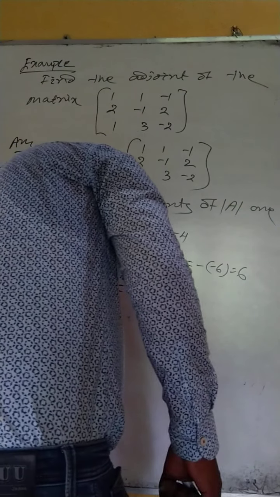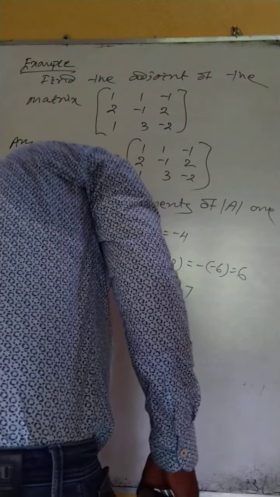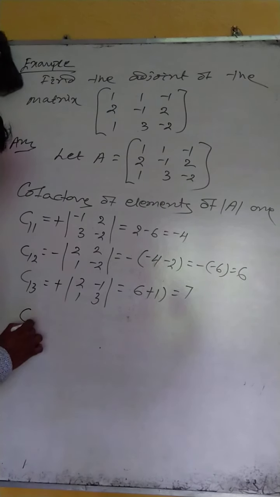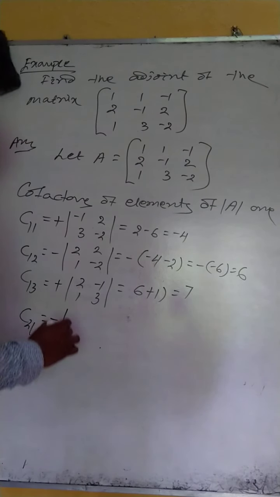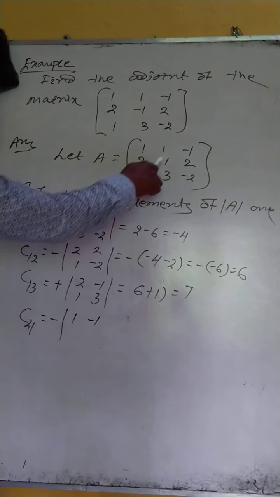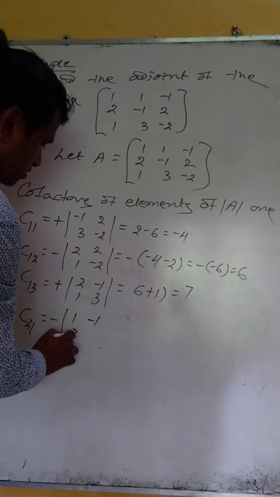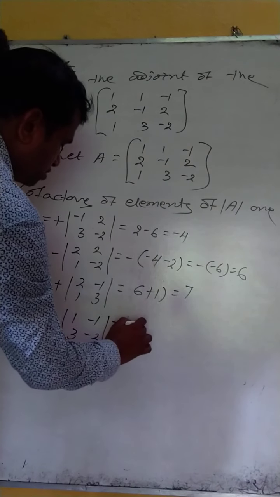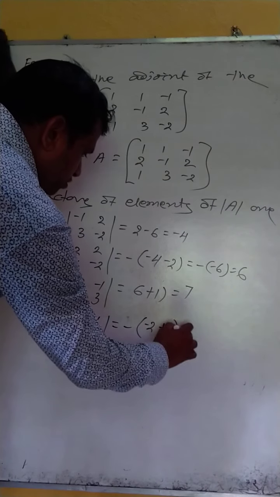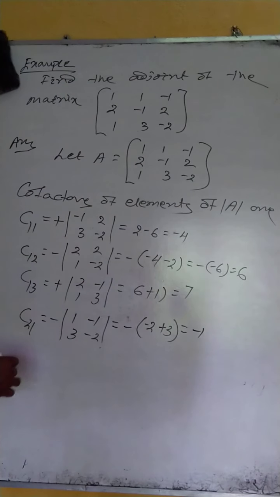Now we find the second row elements' cofactors. C21, the second row first column element, equals minus of its minor 1 -1, 3 -2, that equals minus of -2 plus 3, that equals -1.